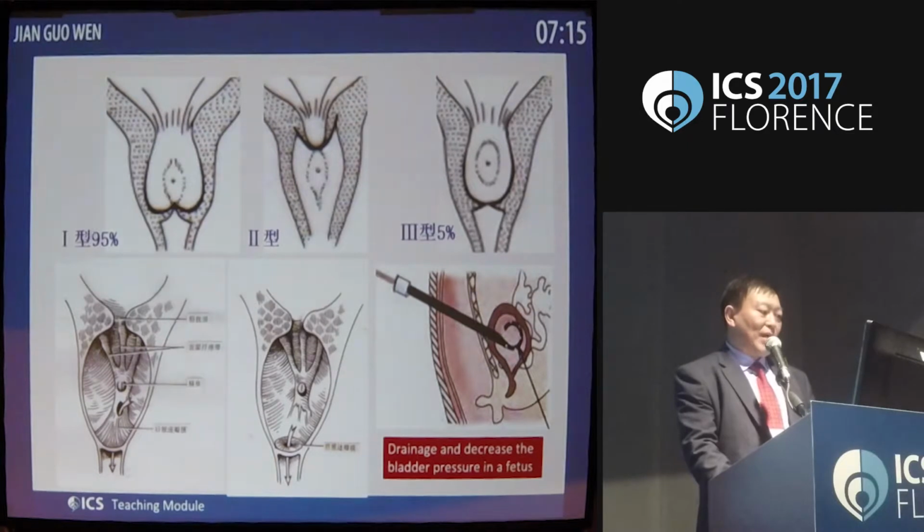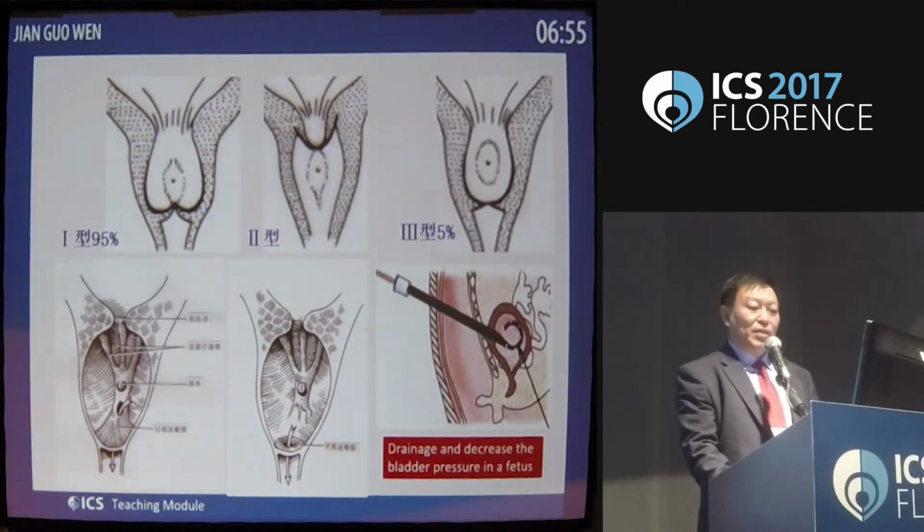Type 1 is the most common type. 95% of them show voiding dysfunction or urethral obstruction. Type 3 is small, and also shows voiding obstruction, but type 2 is very rarely seen.